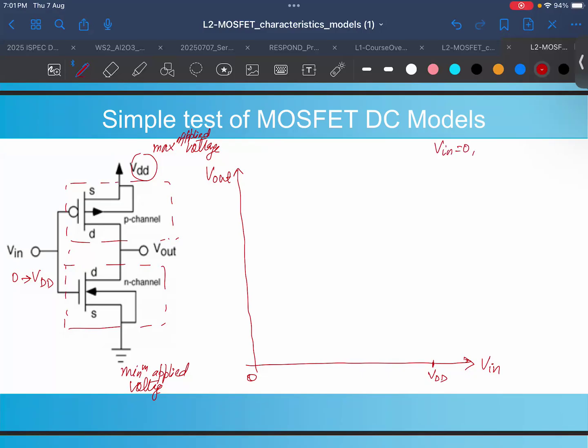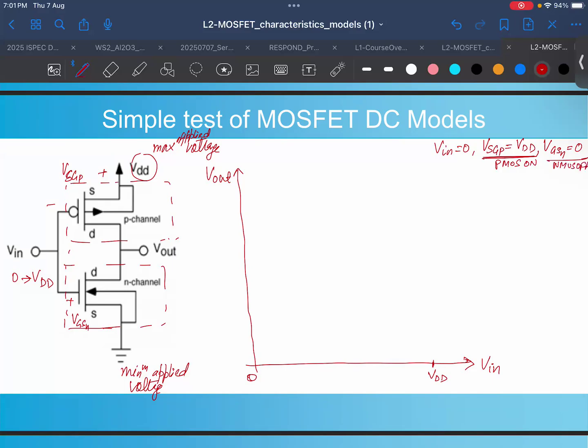We clearly see that this is VGS of the NFET, and this is VSG of the PFET. If V in is 0, VSG of P is VDD, while VGSN is 0. So clearly the PMOS is on while the NMOS is off.